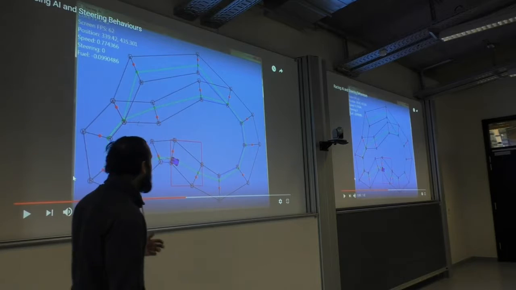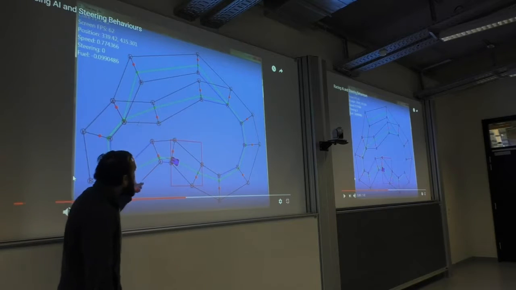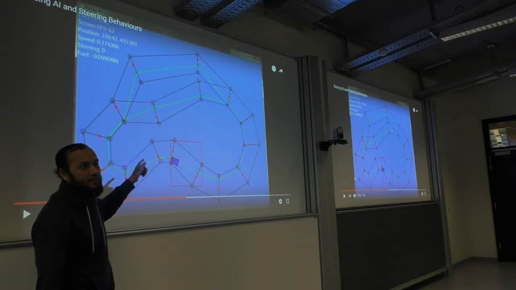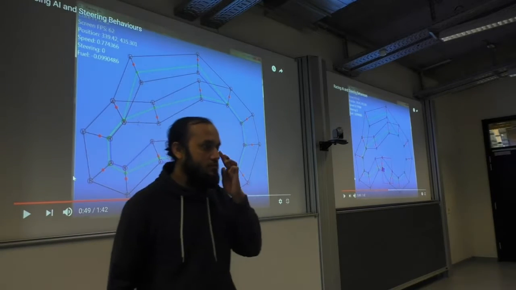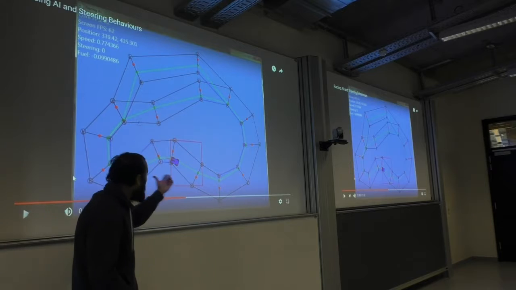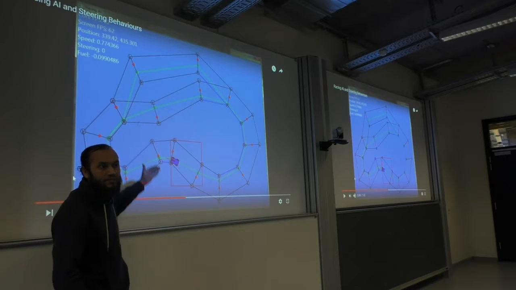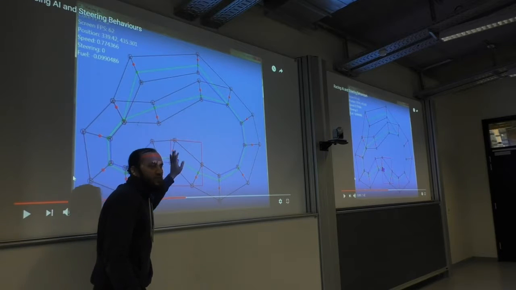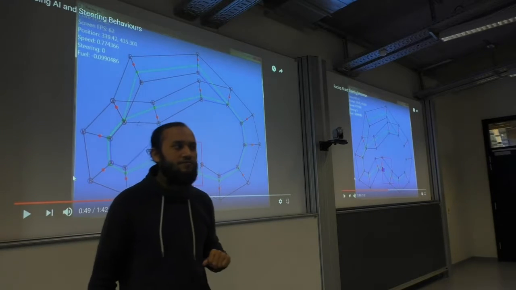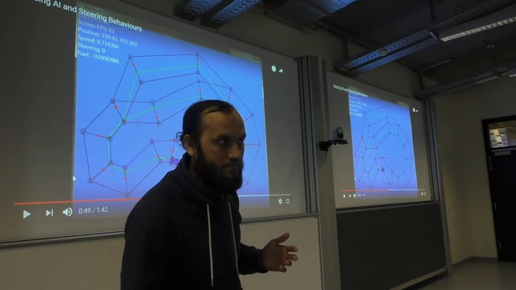When a car is moving and following this path, it is using some kind of force. This force has two things. One is speed, and the other is direction changes. For example, the maximum speed is, let's say, 5 pixels per frame.